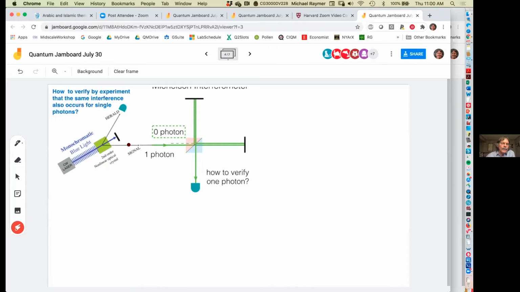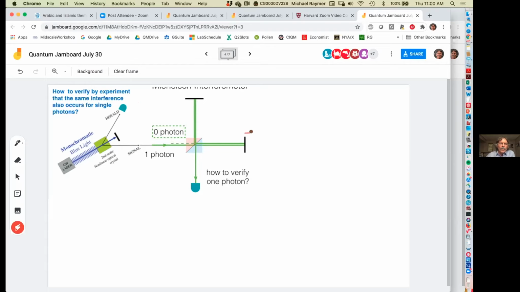Okay, so the idea would be you send that single photon in upon the herald click, and then you put your detector here and you get a click or no click. If the photon comes this way, you get a click. If the photon travels back this way and is lost, you don't get a click.